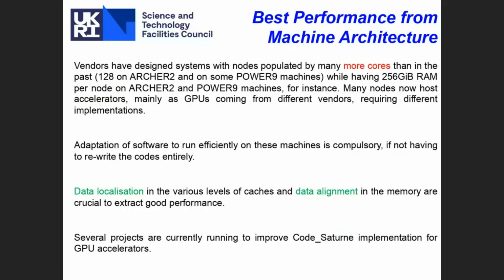Now, another issue is that the architecture of computers evolves all the time. But a trend which is common to all these architectures is that they increase the number of cores per node. A few years back, when you were bidding for time, you were asked for the number of cores you were using and you were paying on that.